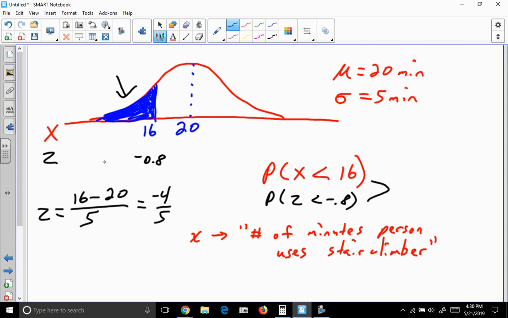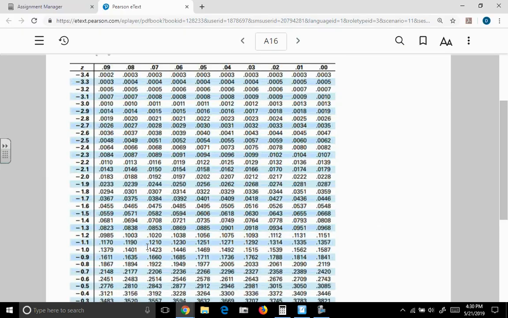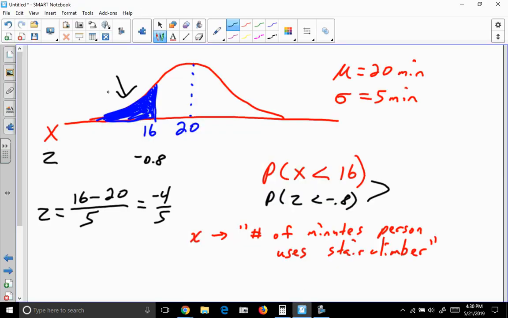If we look up -0.8 in our table, and we don't have a digit past that, so 0, we get 0.2119. That's the area to the left here, which corresponds to the probability.